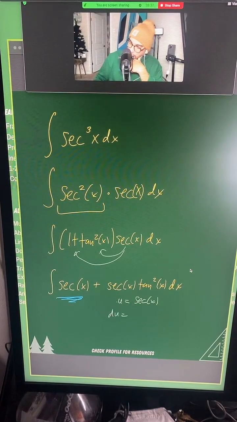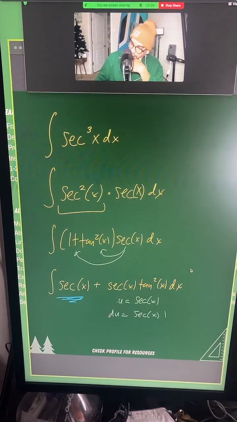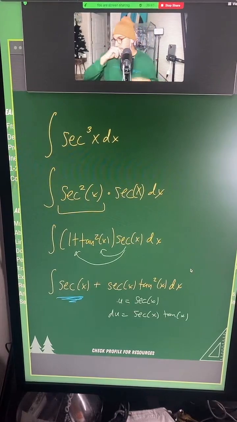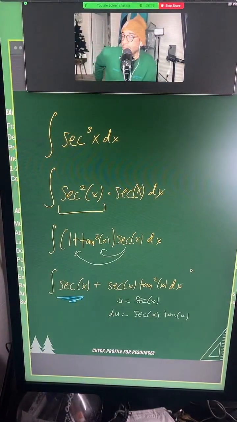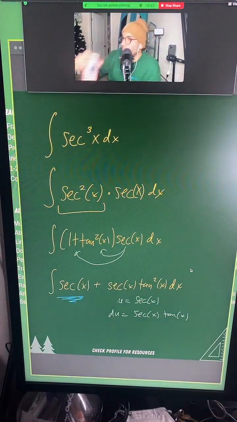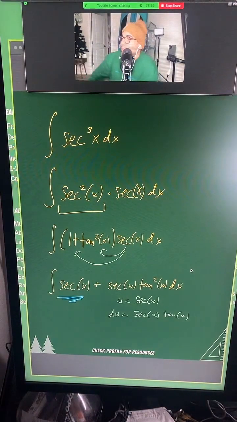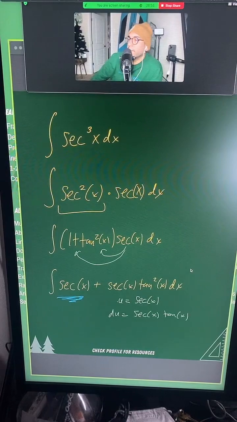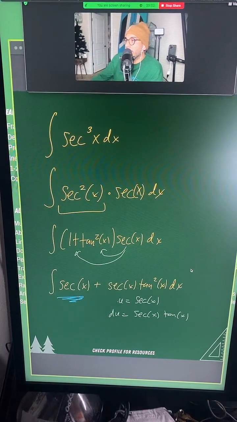So du is equal to secant x tan x. But that also doesn't help us make things cancel out. Anyone else? Okay, so it doesn't seem like that's going to work out, guys.